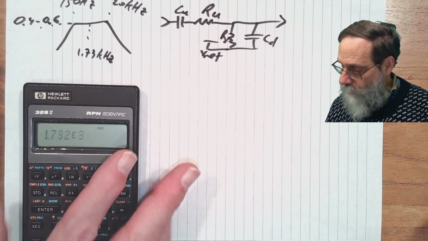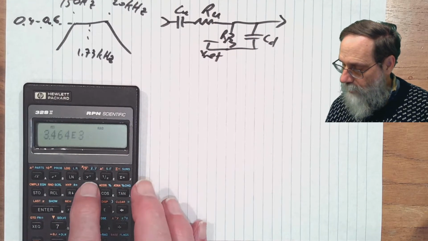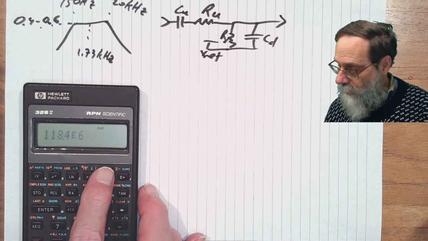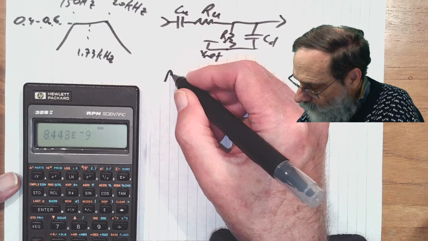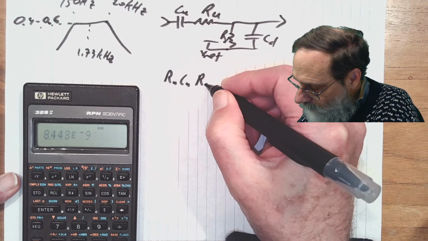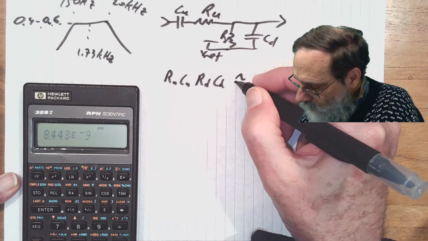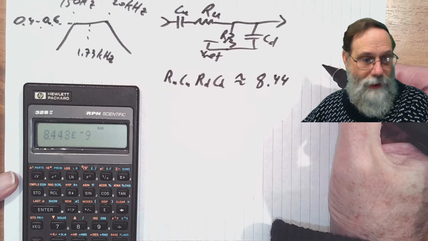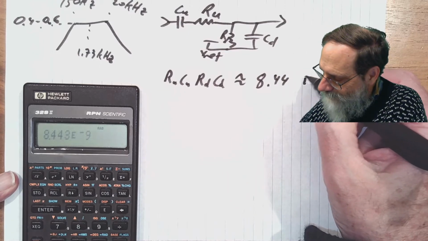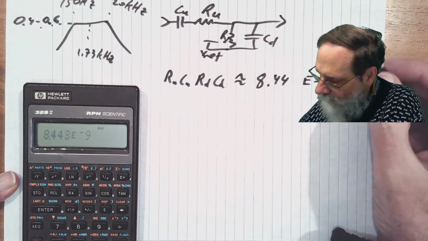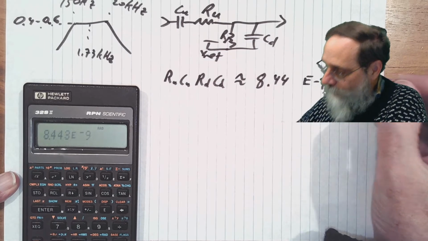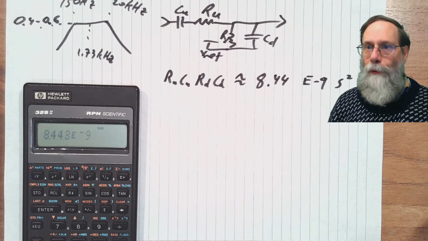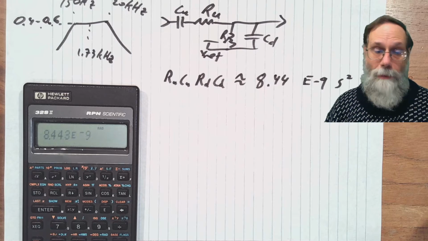So multiply that by 2 pi, square it, and invert it, and we have RUCU times RDCD is going to be about 8.44 times 10 to the minus 9th, and that's in seconds squared. Alright, that's a constraint on the overall time constant, just to get the center frequency about right.